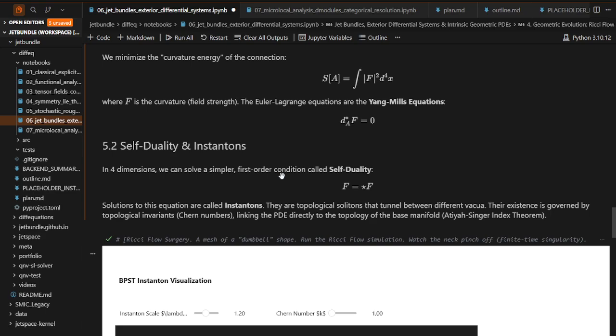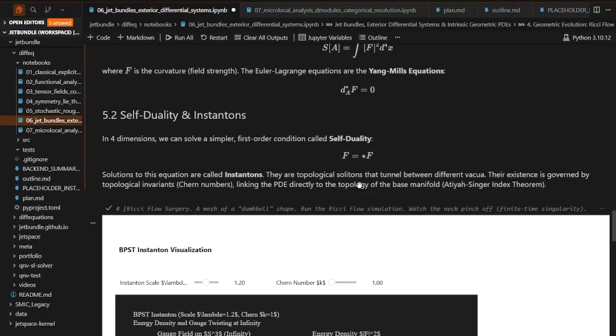So what an instanton is, just think about a topological soliton that is tunneling via some vacuum, on the vacuum. And the topology of these are determined by Chern numbers. And this allows us to invoke the Atiyah-Singer index theorem.